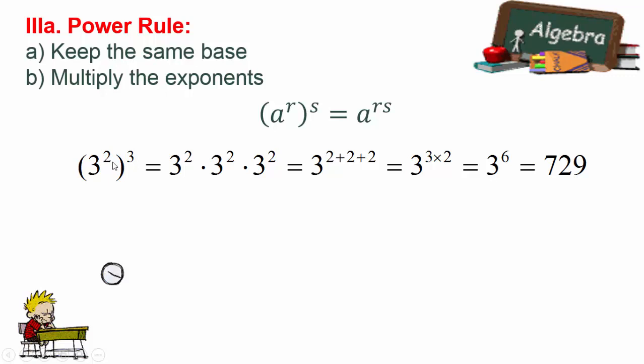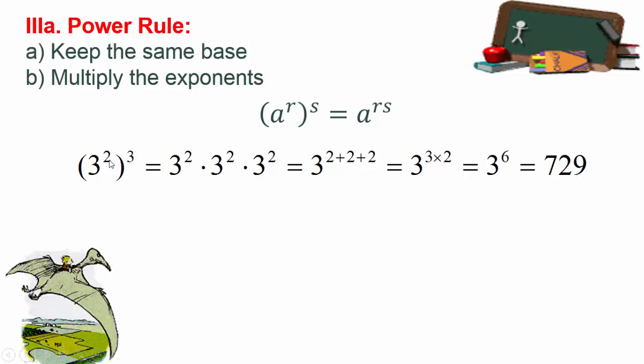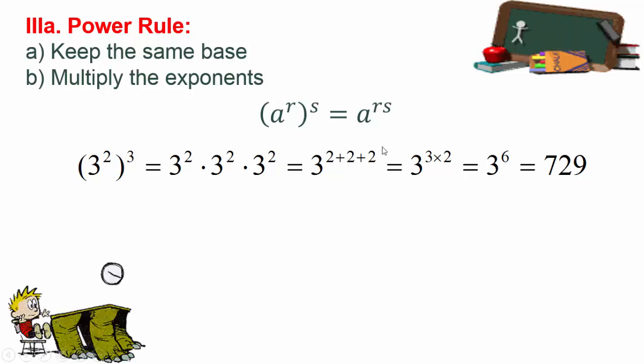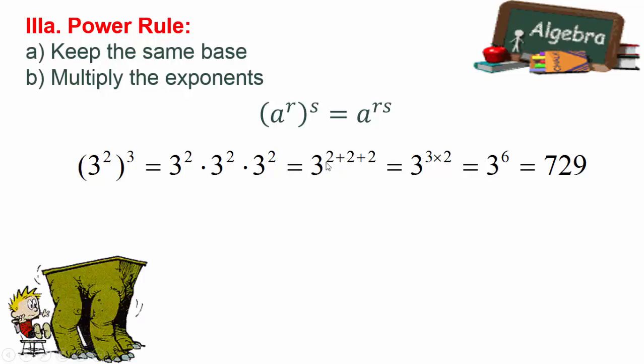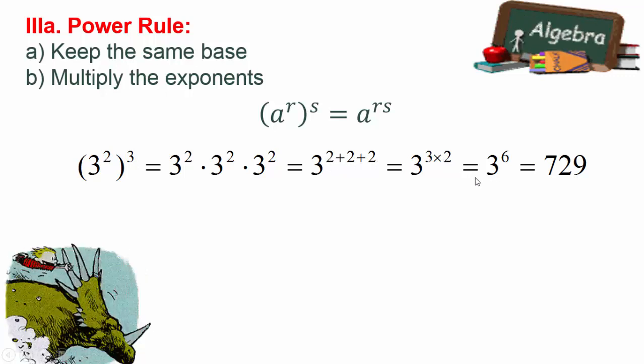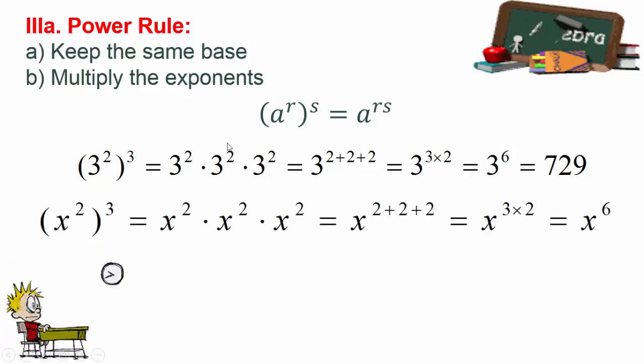So for example, if we have 3 squared and then we cube it, so we have 3 squared times 3 squared times 3 squared, which is what cubing means. That means, as we learned before, if we multiply, we add the exponents, so it's 2 plus 2 plus 2, which is 3 times 2, which is 3 to the 6th, the same thing as 2 times 3.